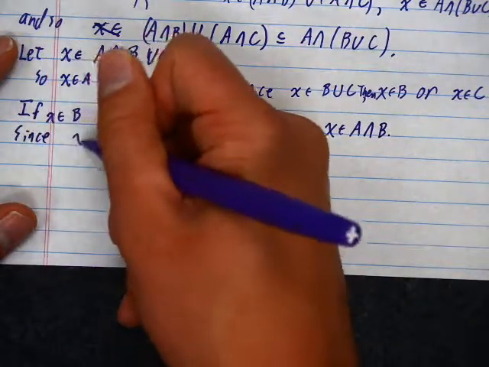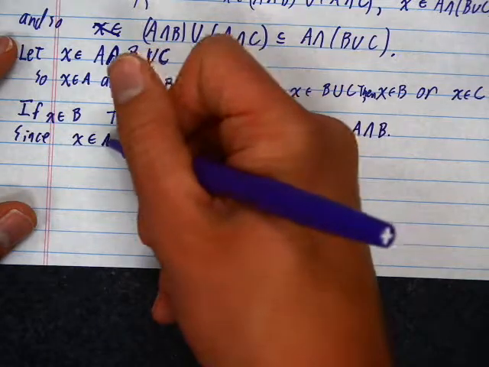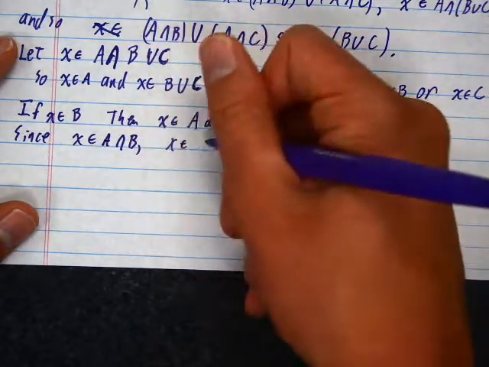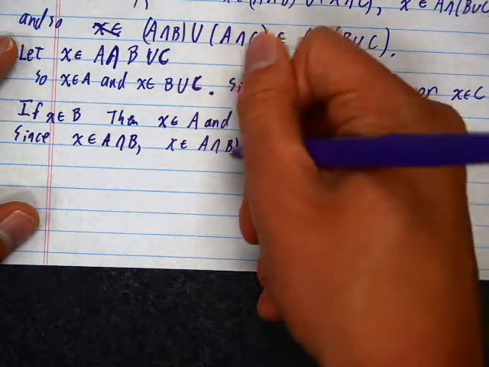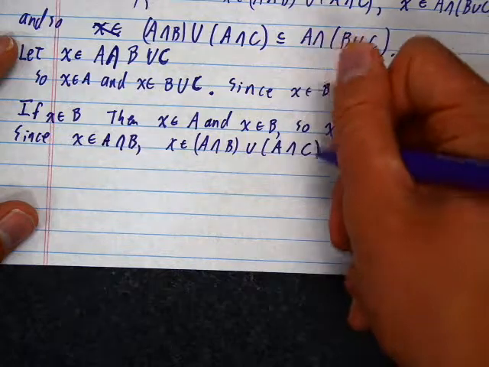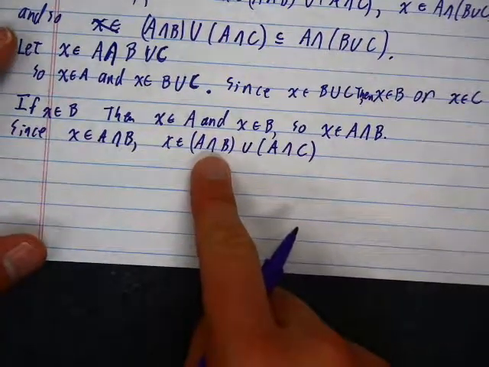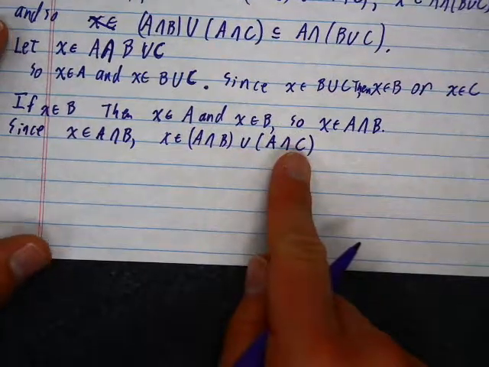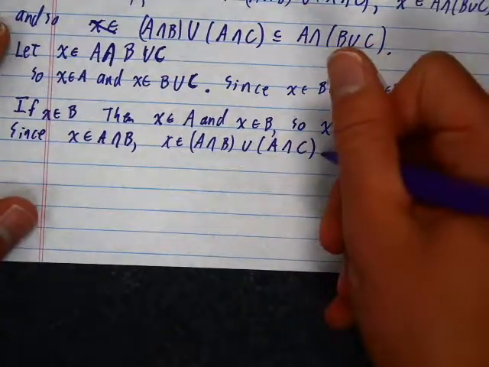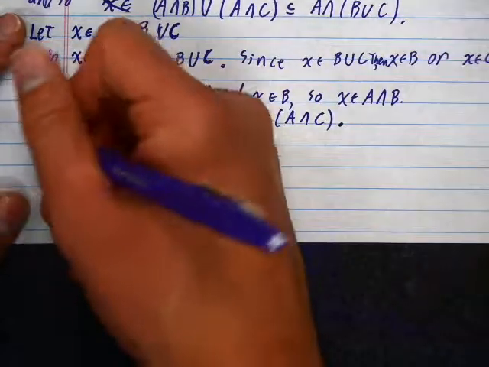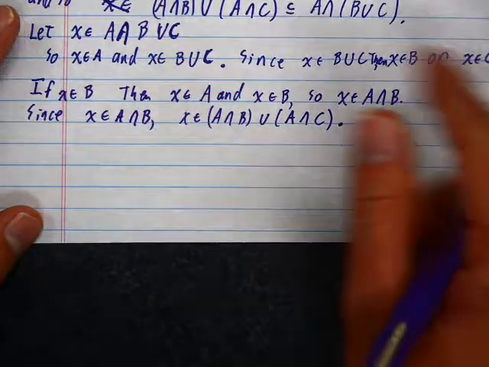Since x is in A intersect B, it follows that x is in A intersect B union A intersect C. Because right, if x is in A intersect B, then it's certainly in A intersect B, or it's in A intersect C. So you get this conclusion, which is exactly what you want. But that's not all the proof, right? There are cases.